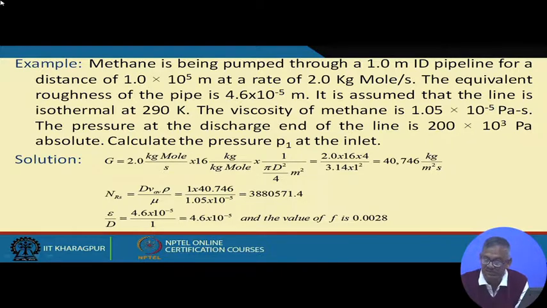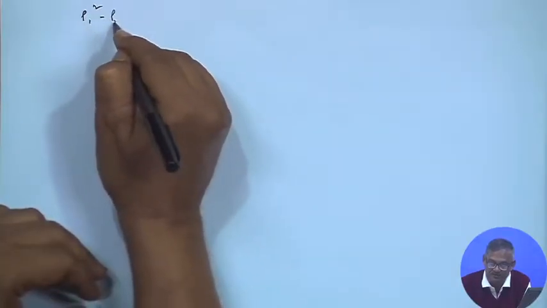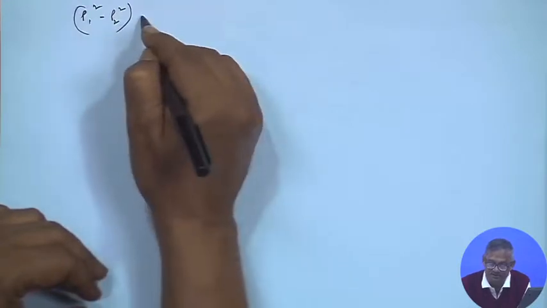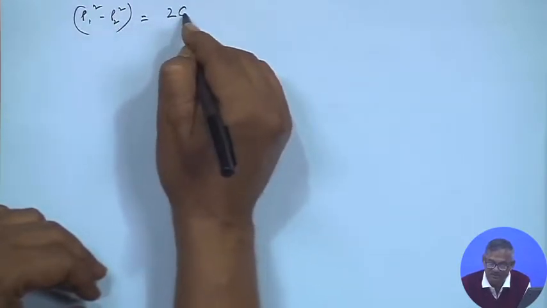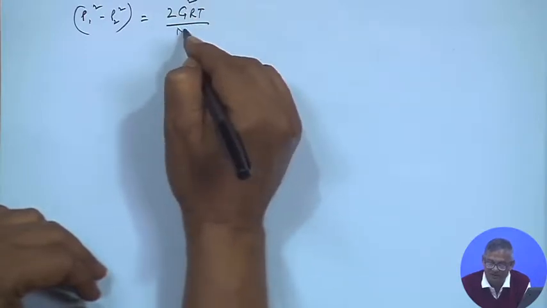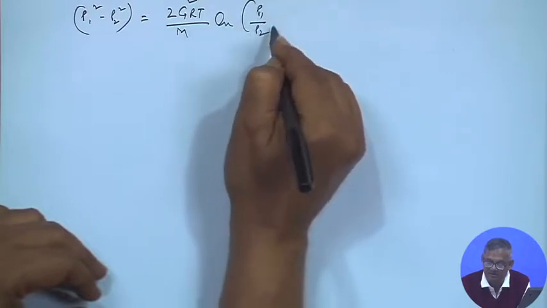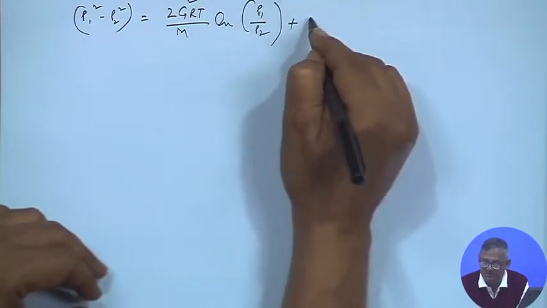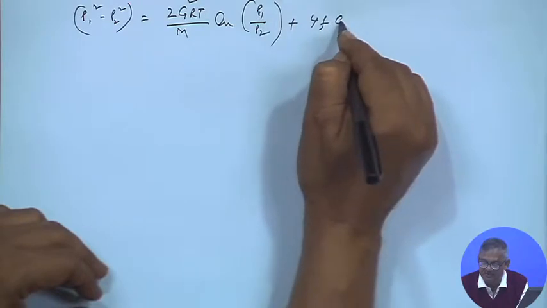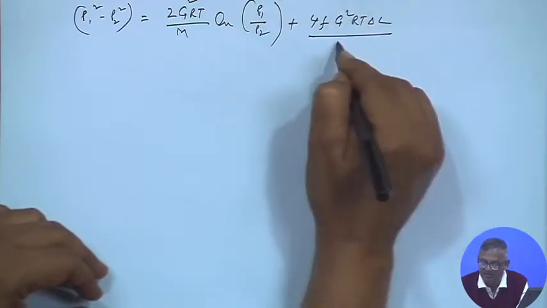So if we remember the relation for pressure, we said P1 squared minus P2 squared is equal to 2 G² RT/M times ln(P1/P2), plus 4f G² RT ΔL/(d M).